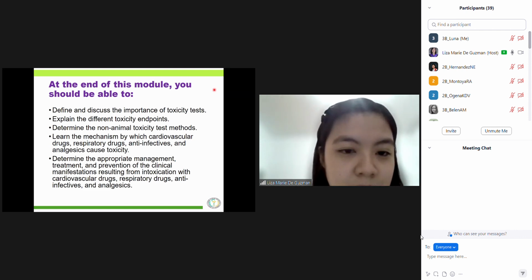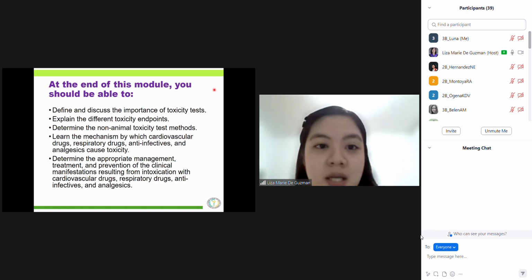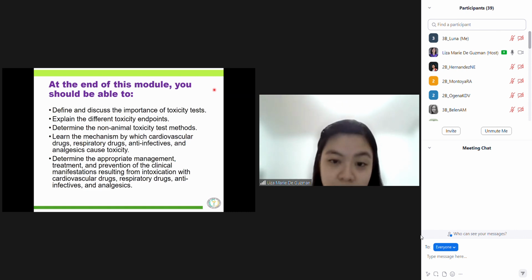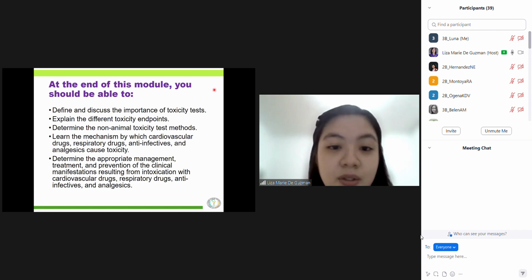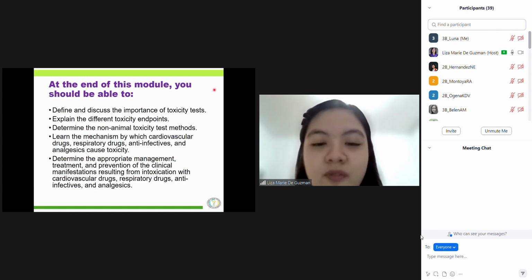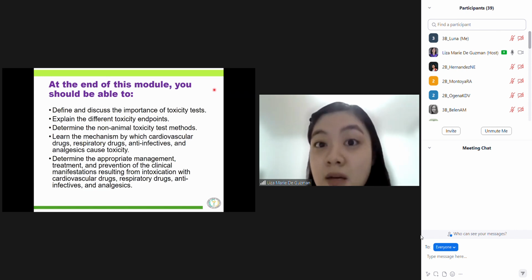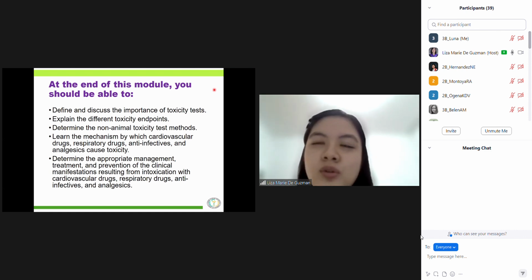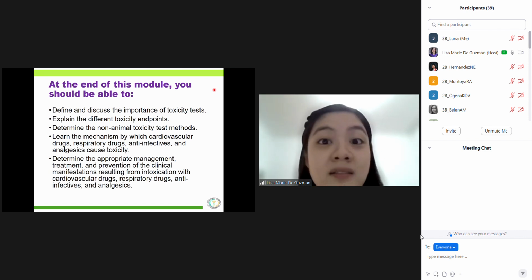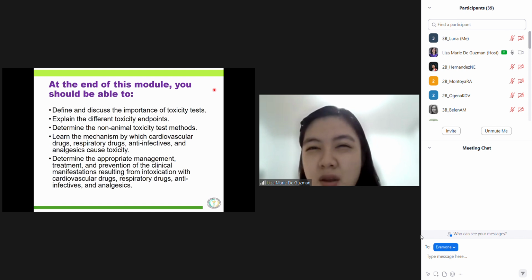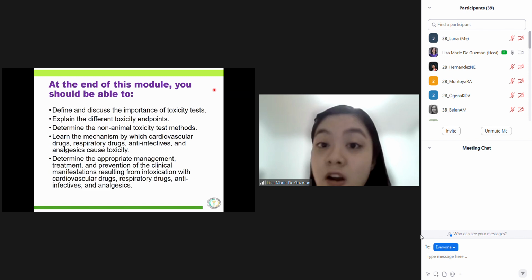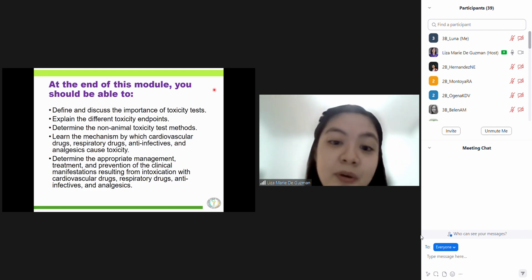The next would be to explain and describe the different toxicity endpoints. And then next is to determine what the options are if we want to pursue a non-animal toxicity test method, since most of the time animal testing is done in order to identify the toxicity of a drug or a substance. But there are also non-animal toxicity test methods that can be performed.